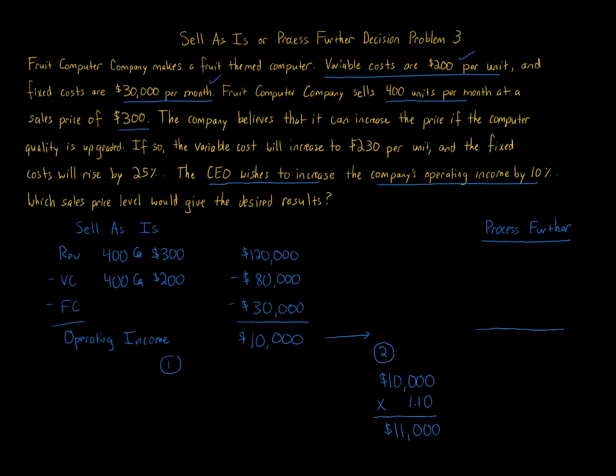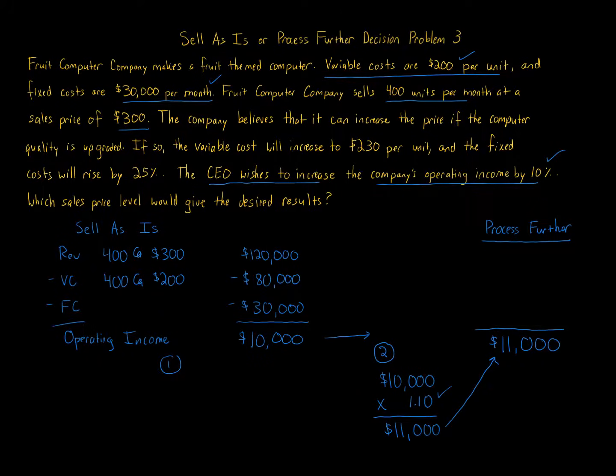Again, because the question says the CEO wishes to increase the company's operating income by 10%. So that's 1.10. We increase over 100, right? If it was a 20% increase, it'd be 1.20. We're going to set the operating income equal to $11,000. That is a 10% increase in operating income.